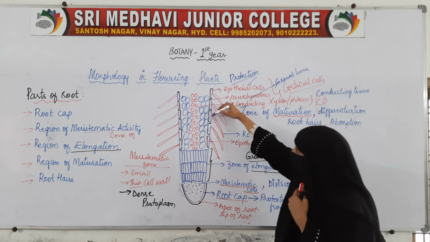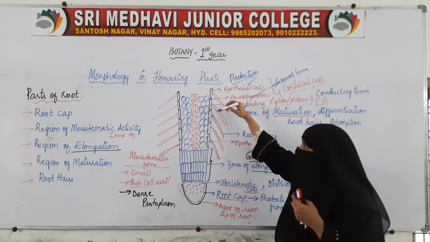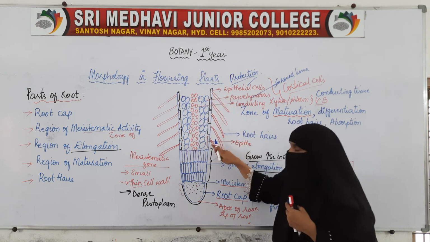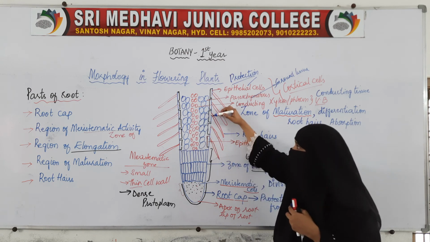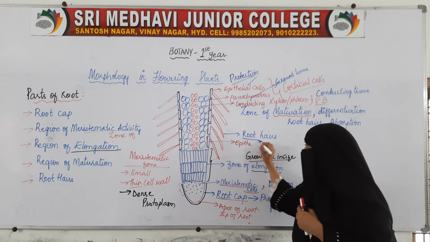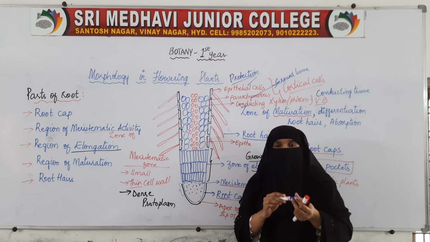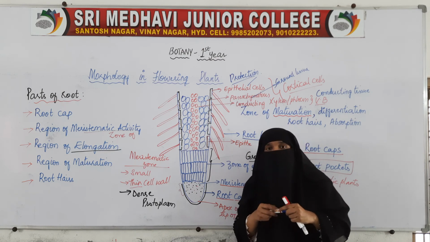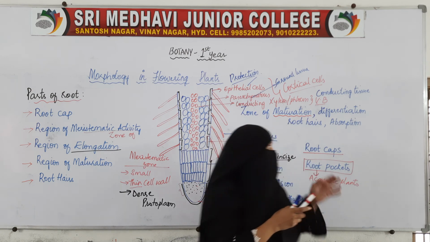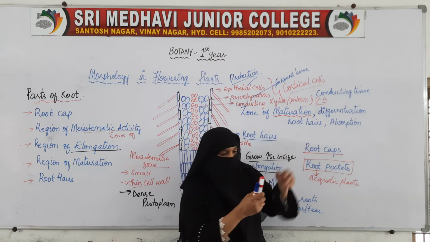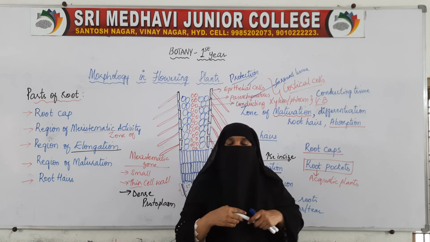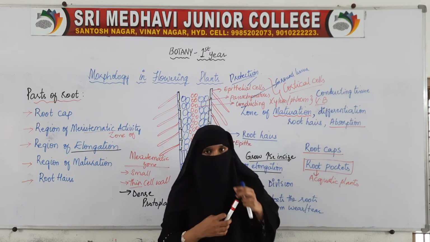From the epithelial cells at the side, which form the epithelial tissue, arise small hair-like structures called root hairs. These root hairs help in absorption of water. This region where root hairs are present is also called the region of root hairs, or the region of absorption.